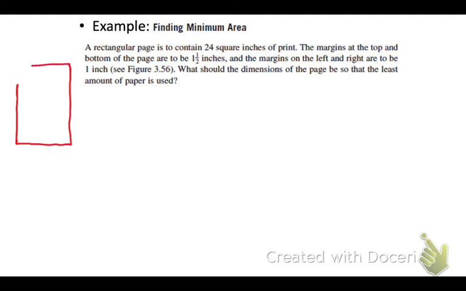Okay. This is our last example. So I know left and right. If I call this x, but then there's 1 inch and 1 inch. And we called that one x, I guess we're going to call this one y.